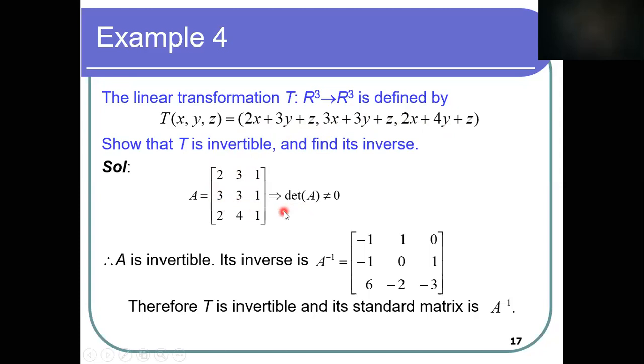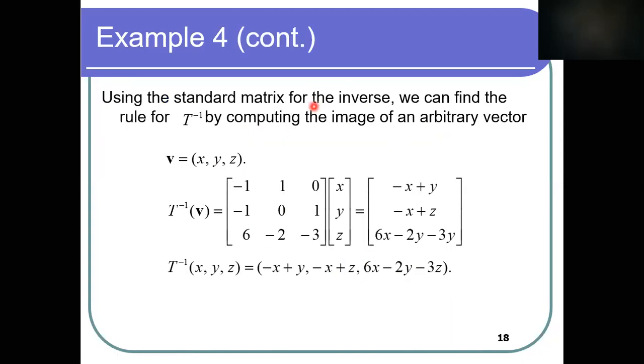If you calculate the determinant, it is non-zero. It means this is a non-singular matrix. We calculate its inverse. Then we multiply A inverse with any general element of R3, I mean to say X, Y, Z, which is a three-by-one column matrix like this one.